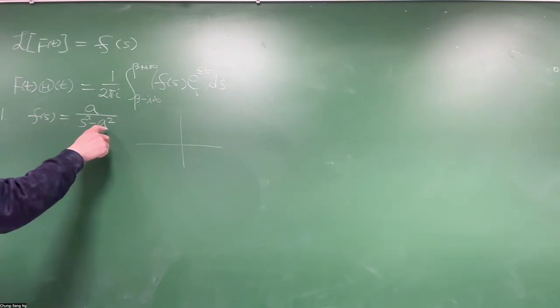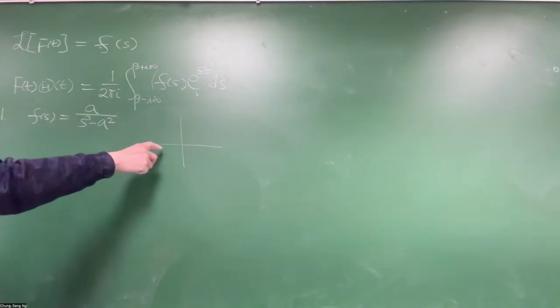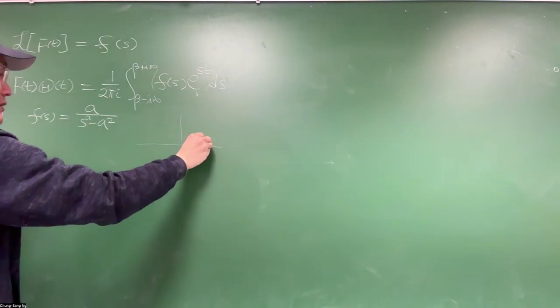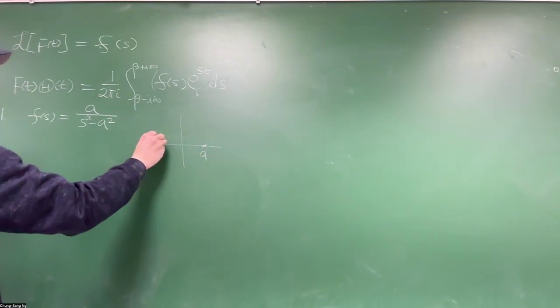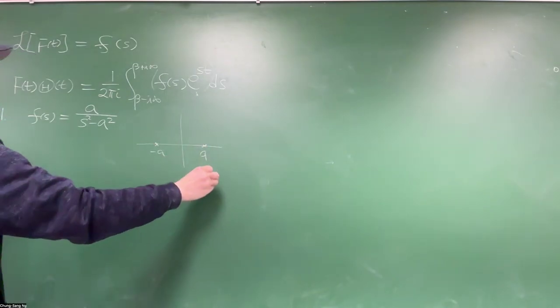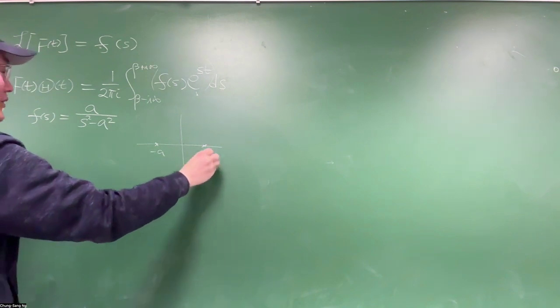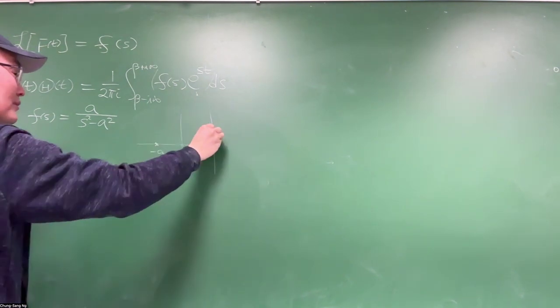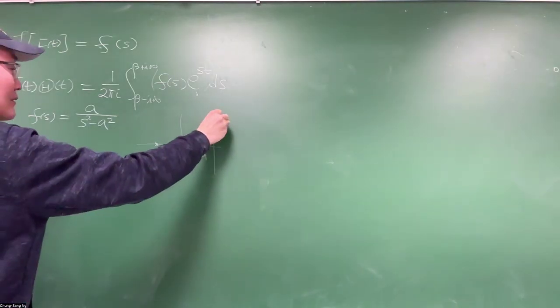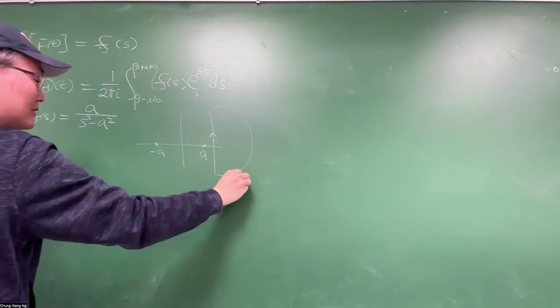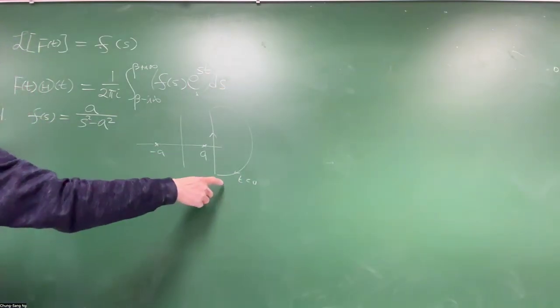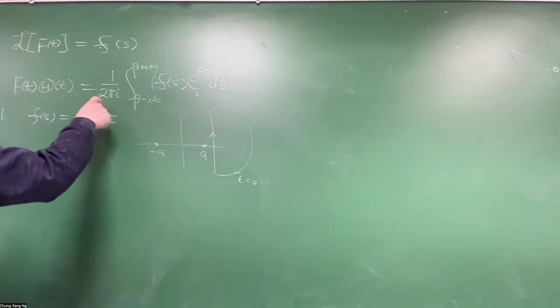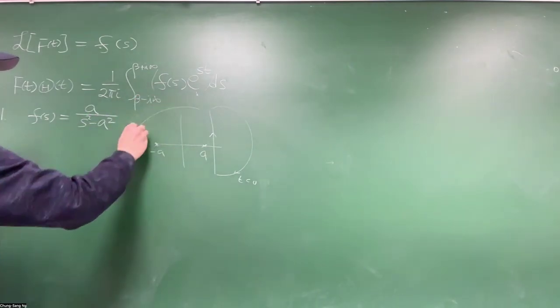This is S plus A times S minus A, so there are two poles. One is at A, the other is at minus A. And the first thing you do is choose a beta to the right of all these. And the argument is that for negative t, you close on the right, which means the integral is zero.